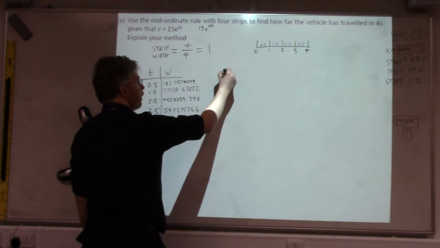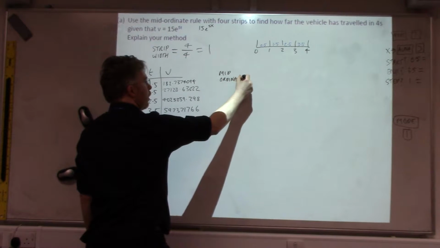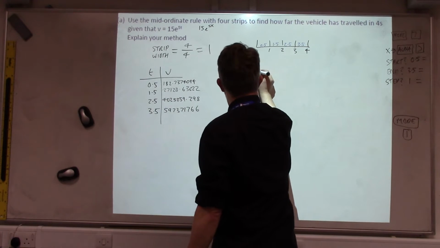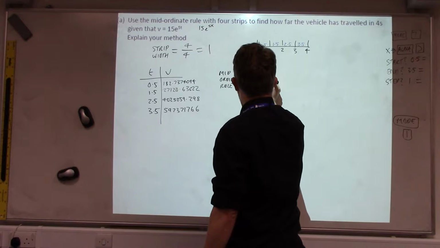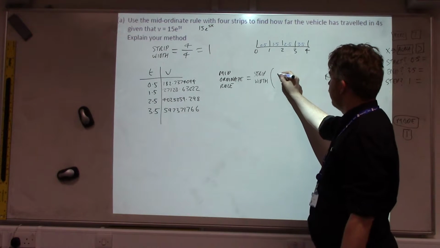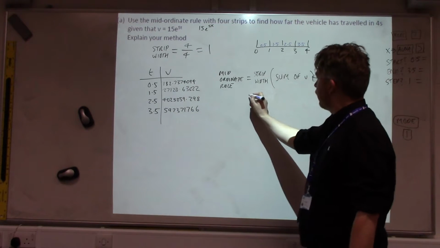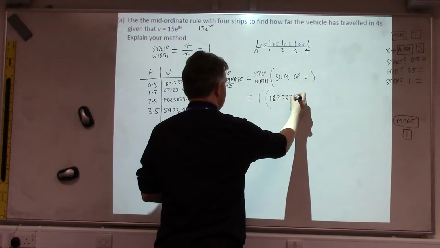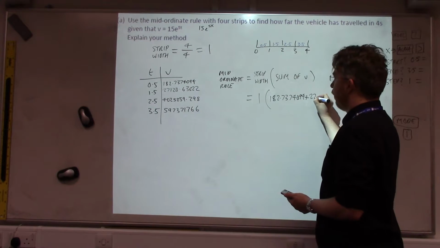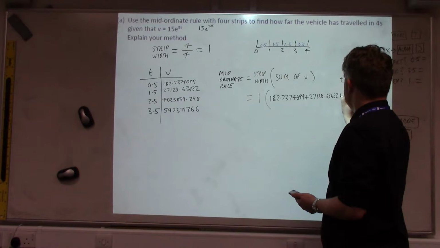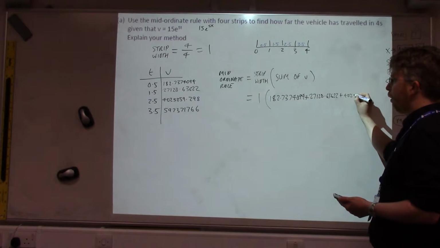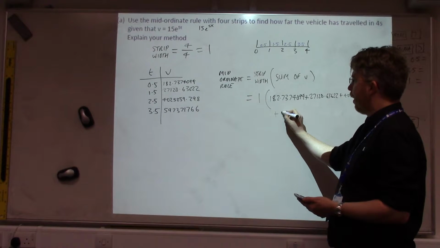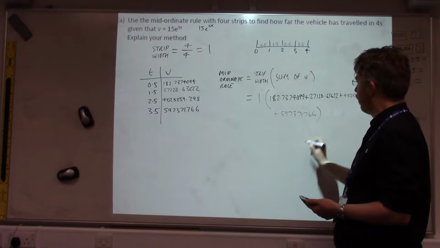The mid-ordinate rule is equal to the strip width, open bracket, times the sum of the V. In this case, strip width is just simply 1 times, and add all these numbers up: 182.7374094 plus 27120.63622 plus 4025059.298 plus 5973717666, close brackets.